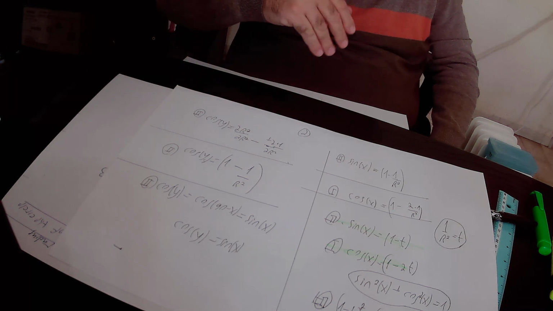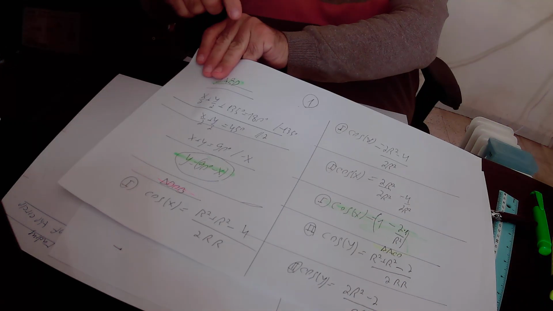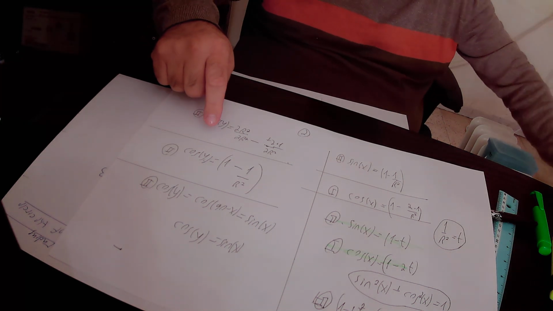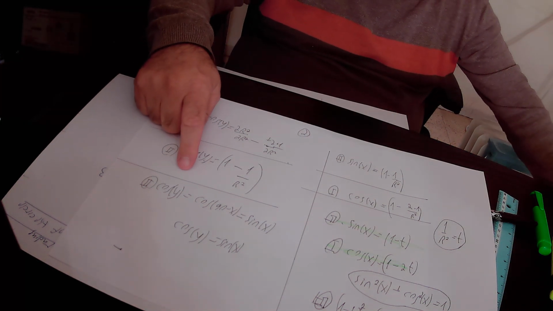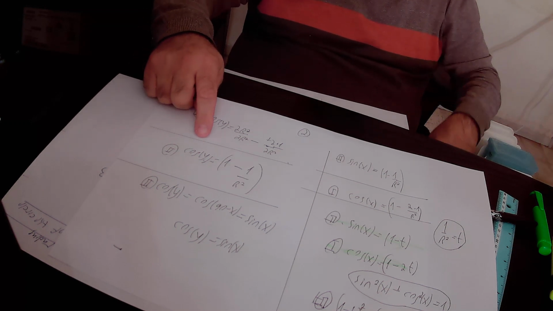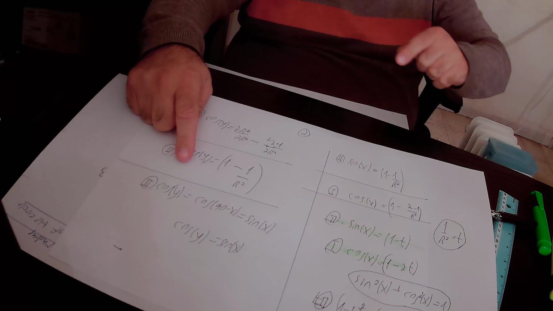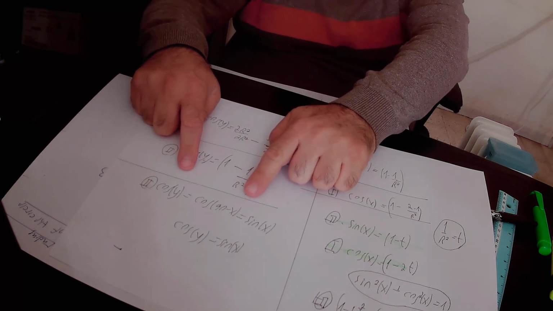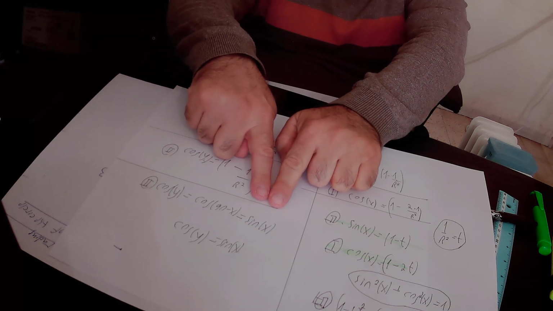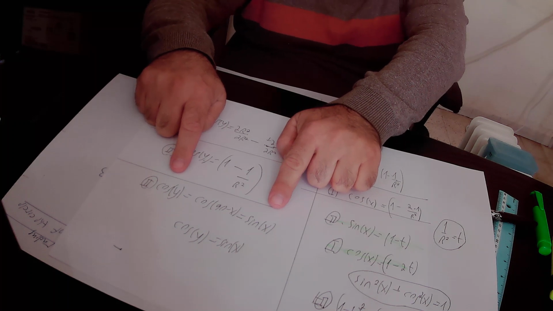So in conclusion, we found out that cosine y equals 1 minus 1 over r squared according to equation number 2. We have already found out that y equals 90 degrees minus x, therefore we substitute y in this equation number 2 by 90 degrees minus x, and we found out that cosine y equals cosine of 90 degrees minus x, because y is 90 degrees minus x, and cosine of 90 degrees minus x is equal to sine x. In conclusion, we found out that cosine y equals sine x.